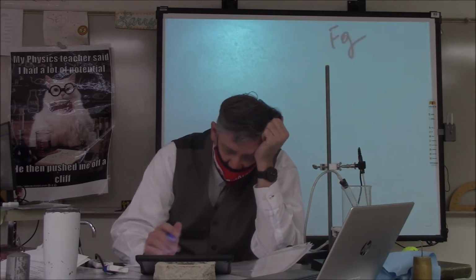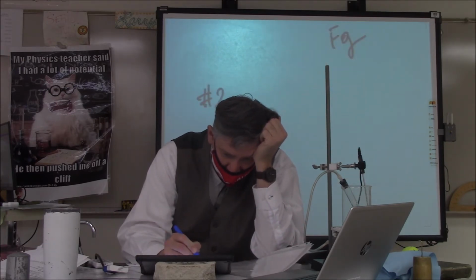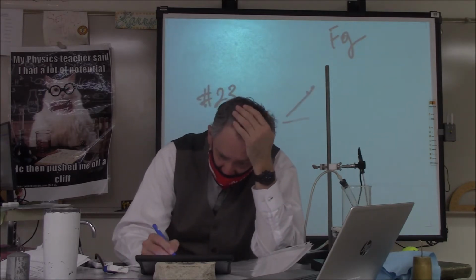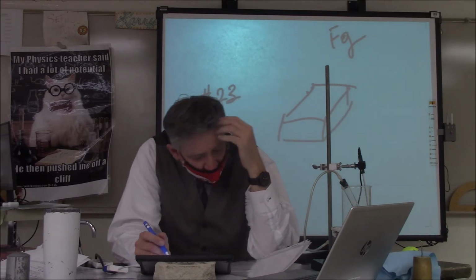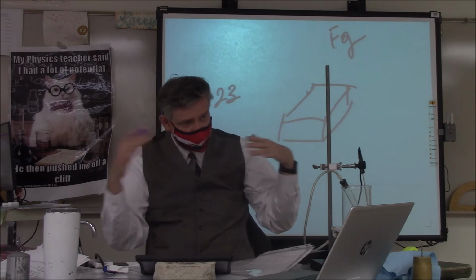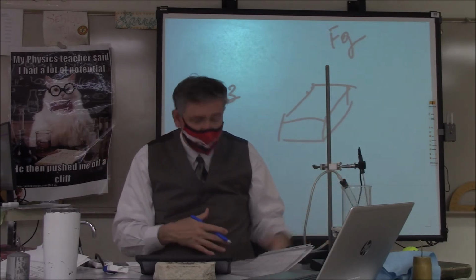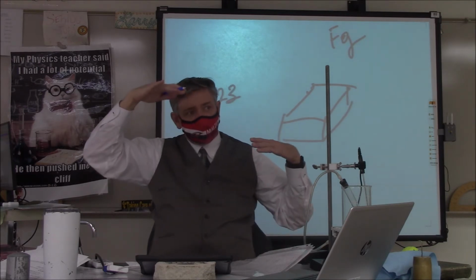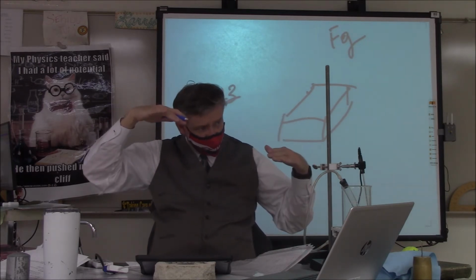Now, speaking of the problems out of the book, look at number 23. So here's this barge. If you ever become a barge captain, you have to know what happens when you transition from salt water into fresh water. Salt water is more dense, so you're more buoyant in salt water than in fresh water.